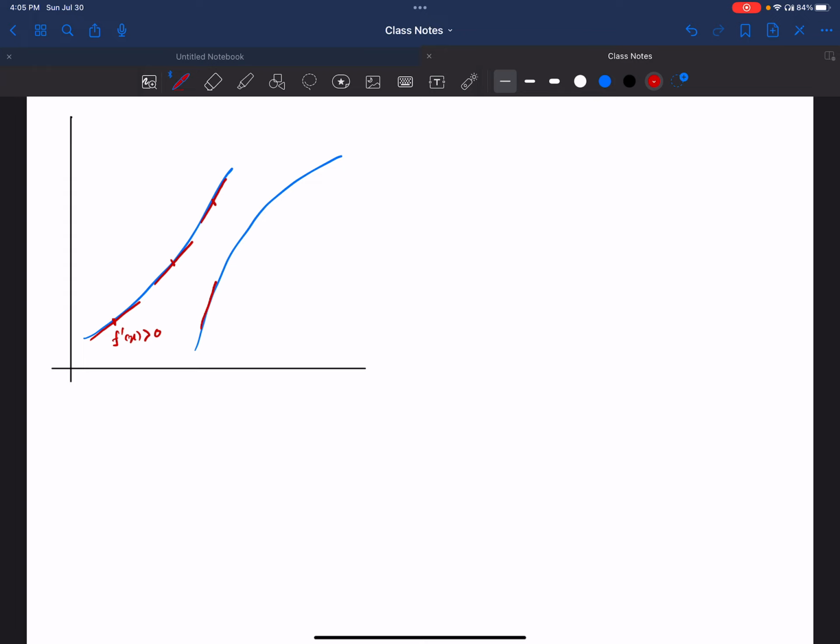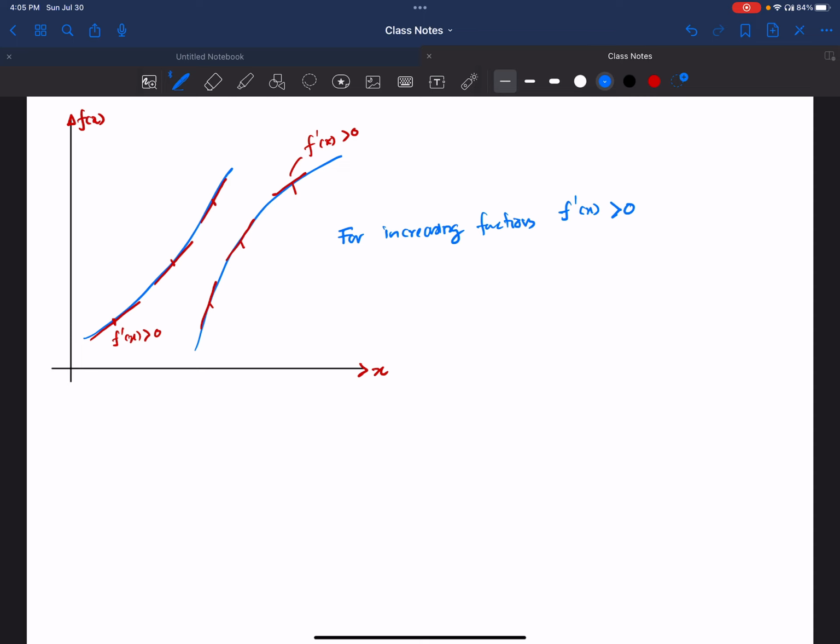And here in this case as well, f prime of x is greater than 0. This is f of x, and that is x. So for increasing functions, f prime of x is greater than 0.